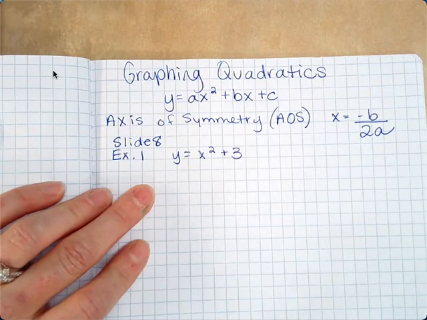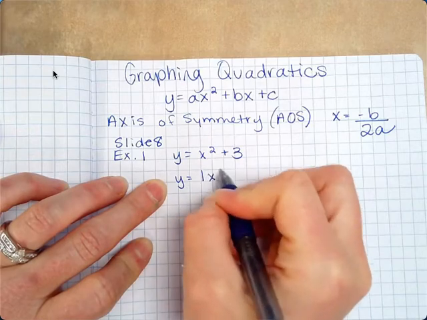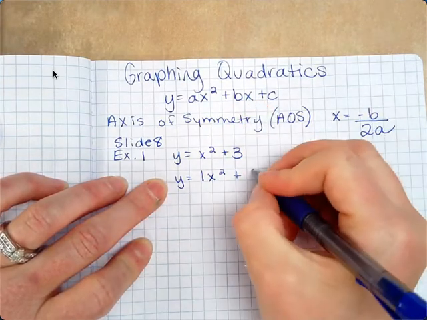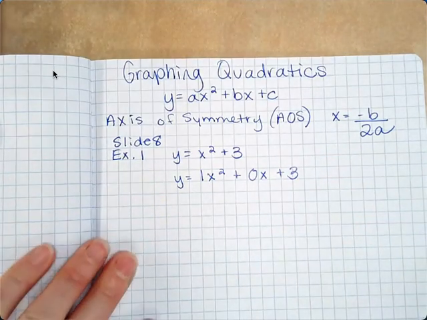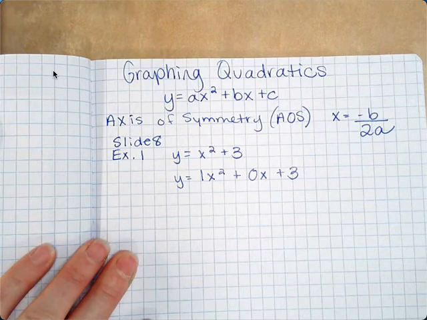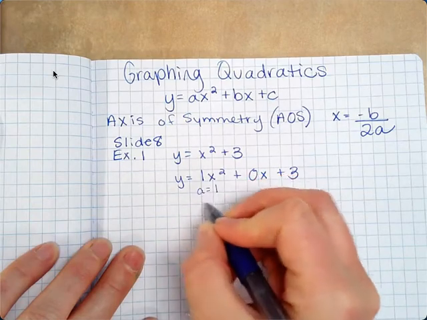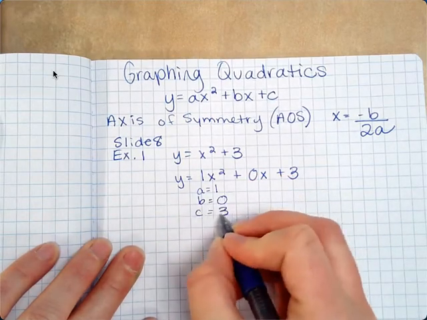And if we write this in standard form, it's y equals 1x squared plus, there is no bx, so we put 0x plus 3. So a equals 1, b equals 0, and c equals 3.